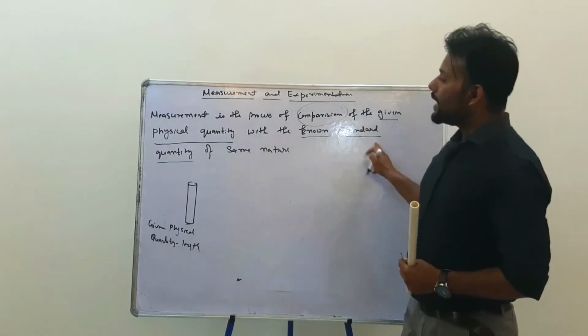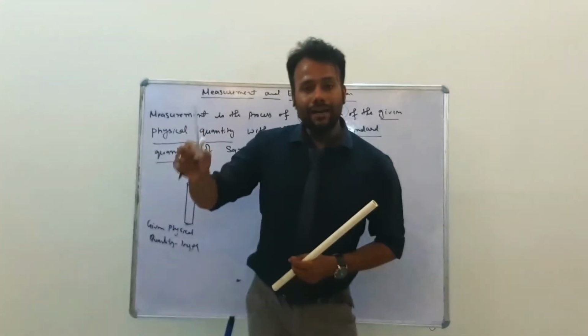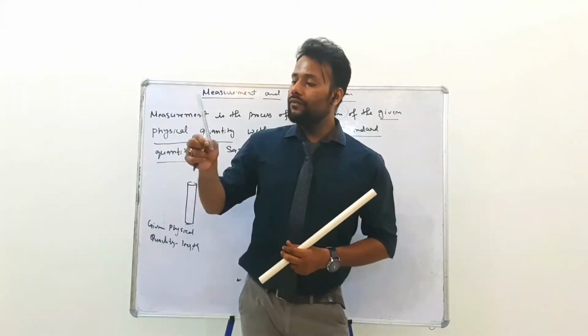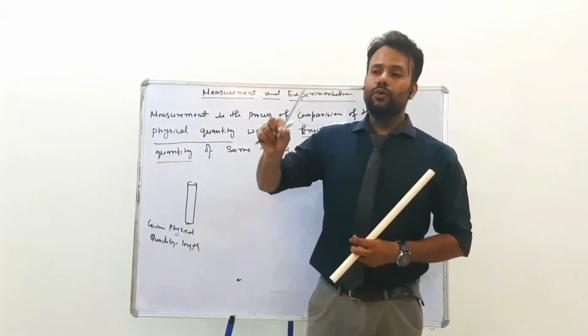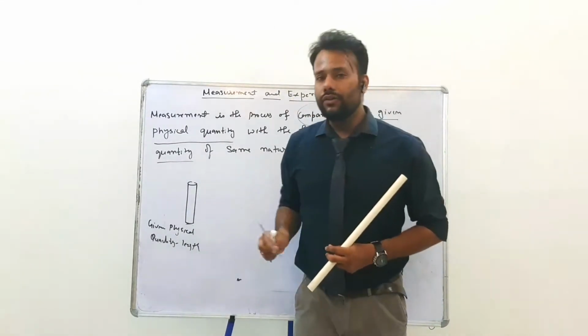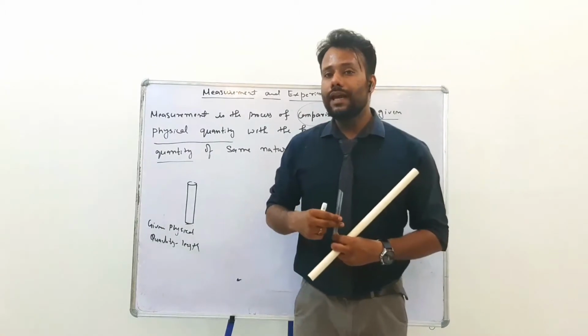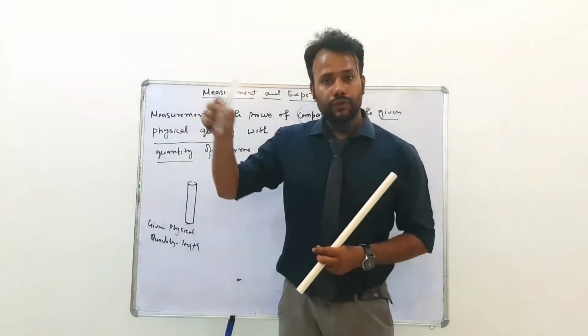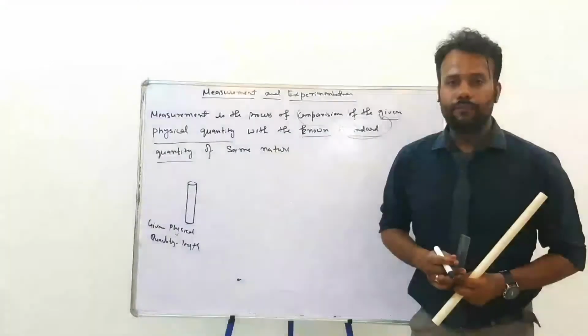With the known standard quantity: now we know that this is known, this is standard. Standard means if this is a scale of 15 centimeter here in India, and you go to any other country, the length of a 15 centimeter scale would be the same. That's why this is a standard quantity.